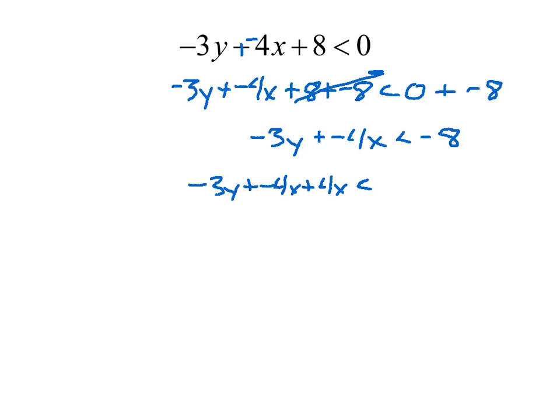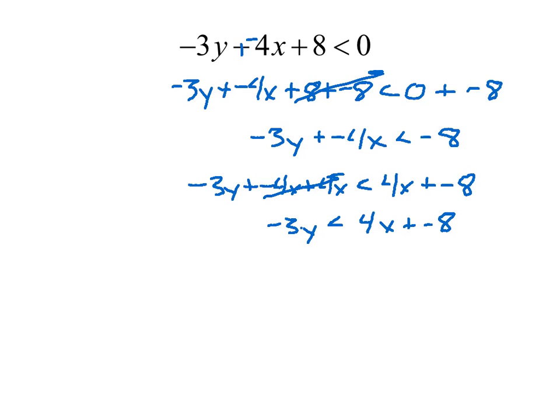Still not multiplying or dividing by a negative, so I'm going to keep my inequality symbol the same way. I'm going to commute that addition of 4x to the front. Gives me negative 3y is less than 4x plus negative 8.